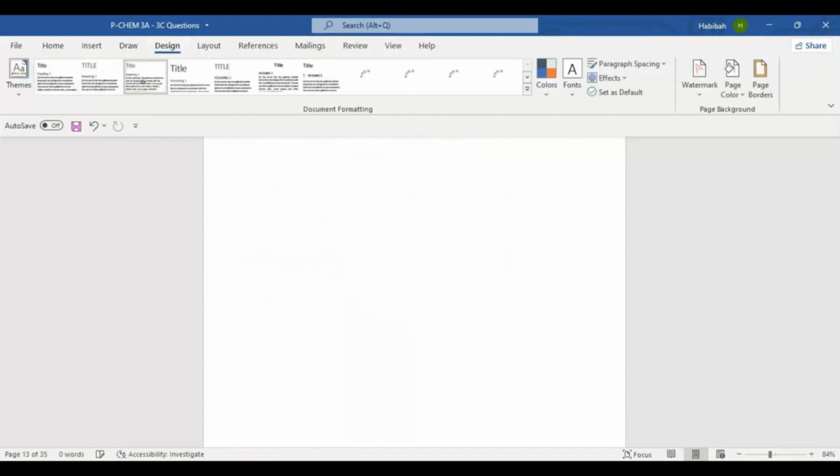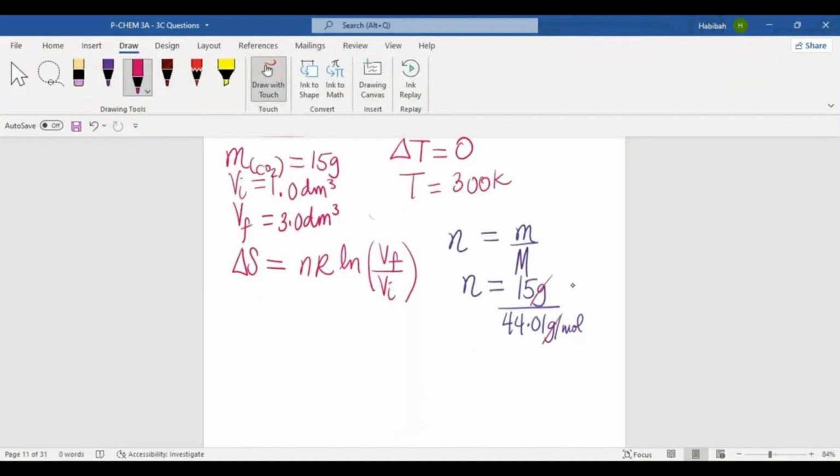So 15 divided by 44.01 gram per mole means the number of moles is simply 0.34091 mole.